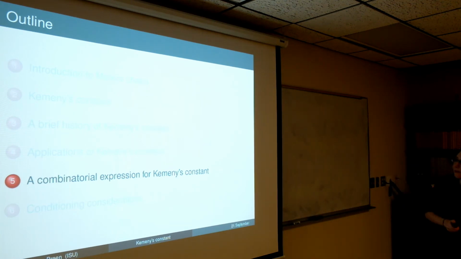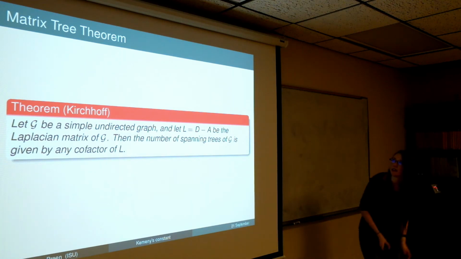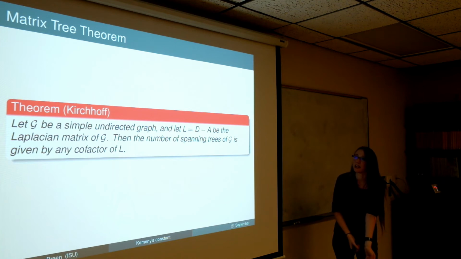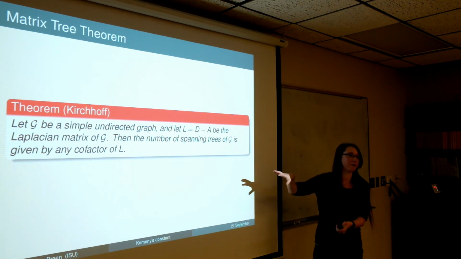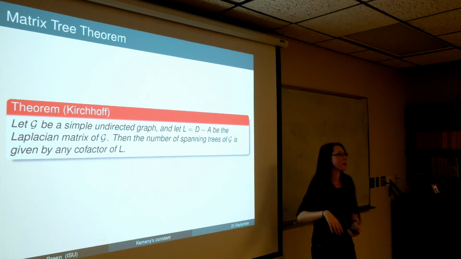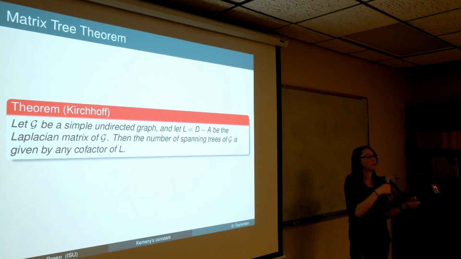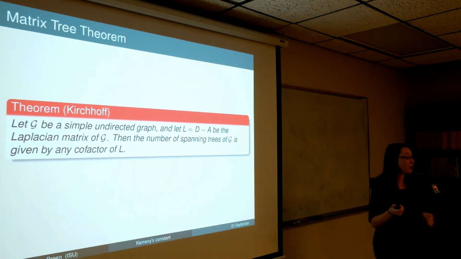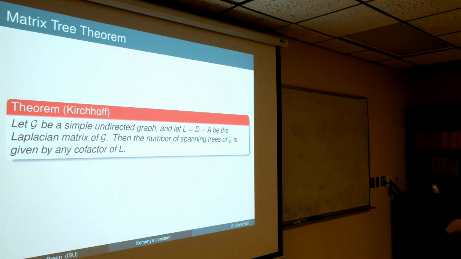So, a lot of you might be familiar with Kirchhoff's matrix tree theorem, which says that if you get the regular Laplacian of a graph, and you take some cofactor of that, that's the number of spanning trees of your graph. So there's this connection between spanning trees and determinants, okay? Now, there's a generalization of that called the all minors matrix tree theorem, which I won't get into in any detail at all.